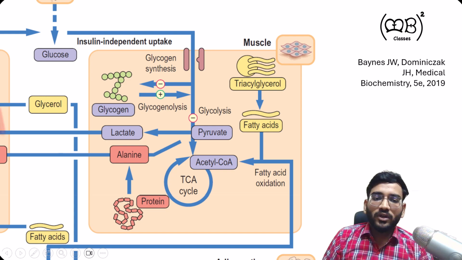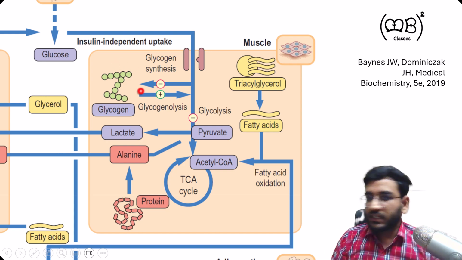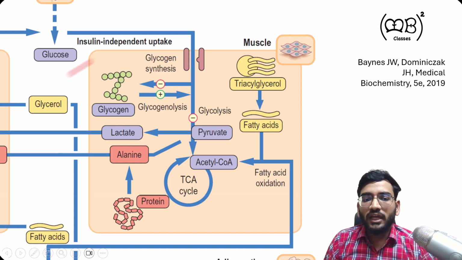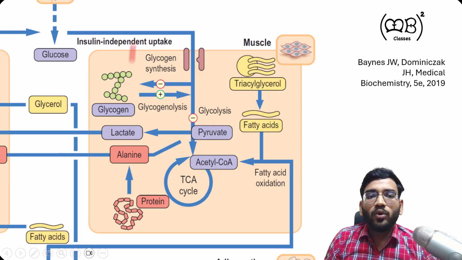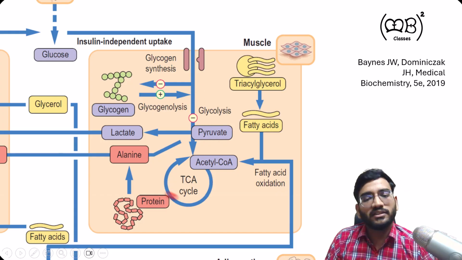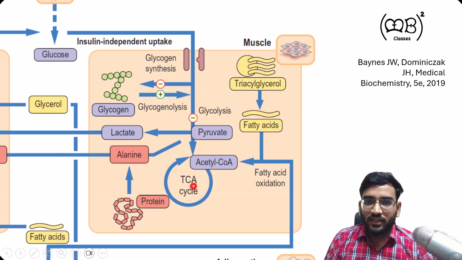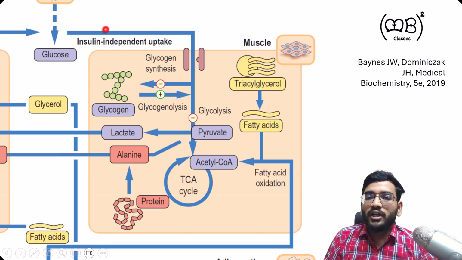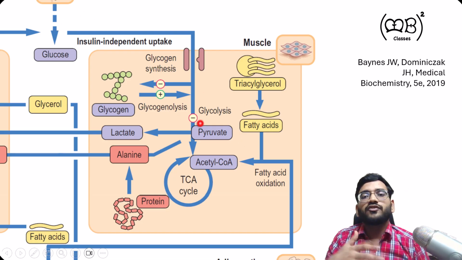In muscle also, muscle is a selfish organ, it will not give its glycogen to form glucose. Glycogen is broken down into glucose 6-phosphate, and that goes to glycolysis, pyruvate, acetyl coenzyme A, and the TCA cycle. But it will not contribute to plasma glucose. Why? Because muscle does not have glucose 6-phosphatase.